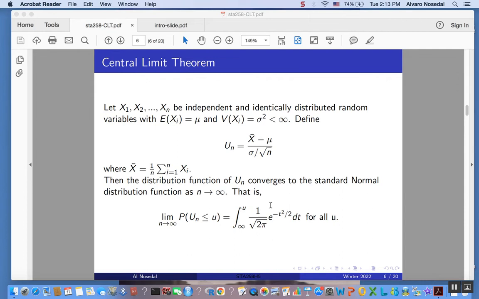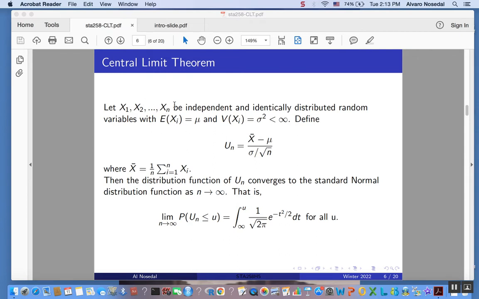Now, note that it is a very general and very powerful result, because all we're saying is that the mean and the variance must exist, must be finite. So these could be binomial? Yes. Geometric? No problem.